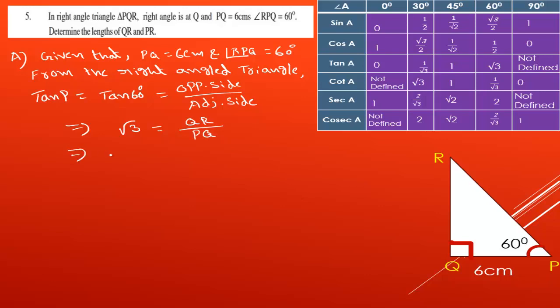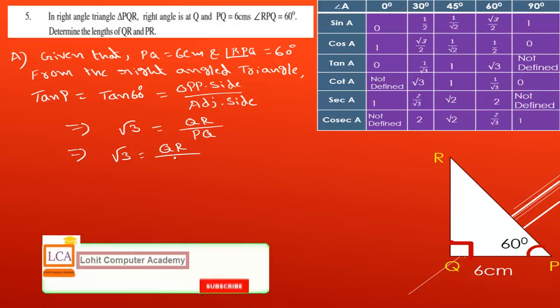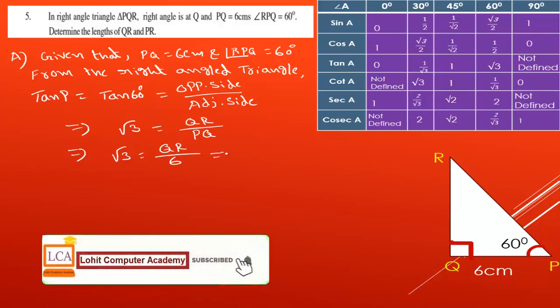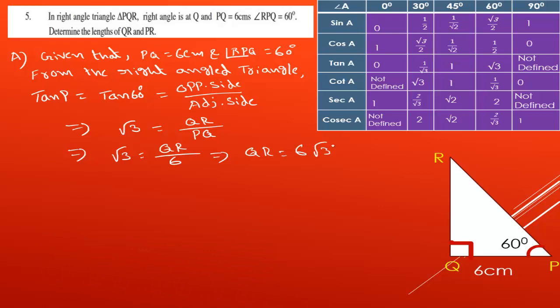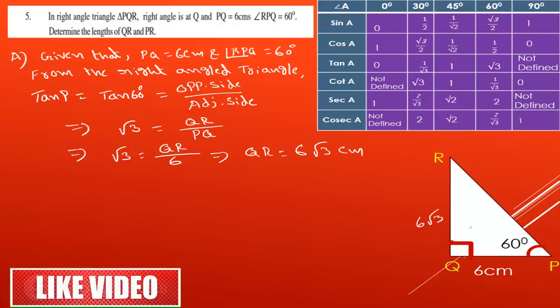That implies root 3 equal to QR by 6 cm. That implies QR equal to 6 root 3 centimeters. Here we got the value for QR as 6 root 3 centimeters.